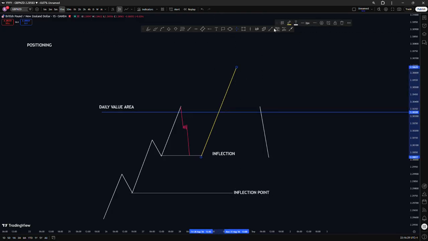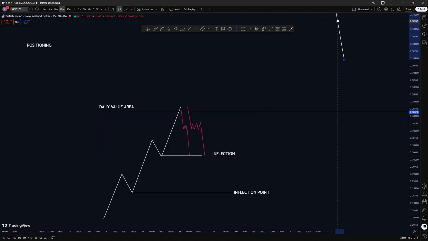At that same point, once price drops, I could trade a 3-touch continuation, 1, 2, 3, to this particular point here. Okay, these are my windows of opportunity.